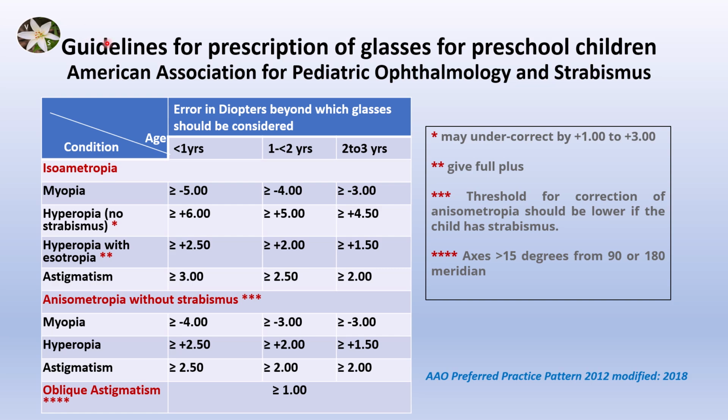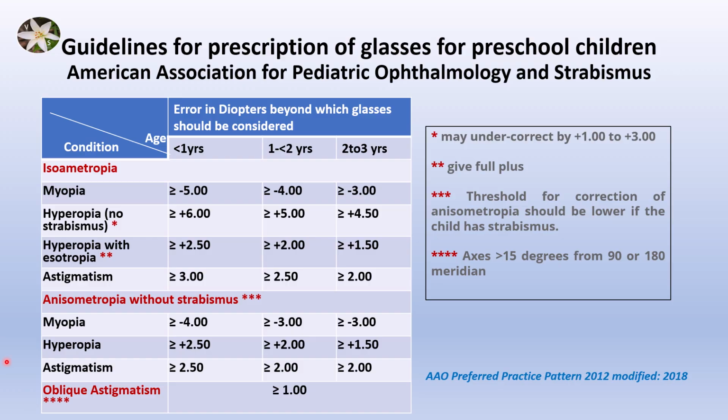These are guidelines for prescription of glasses for preschool children given by the American Association for Pediatric Ophthalmology and Strabismus. So these are guidelines for isoametropia, anisometropia without strabismus, and oblique astigmatism.